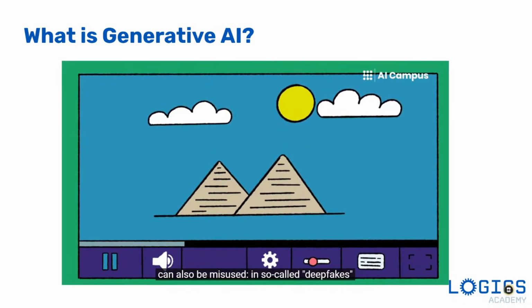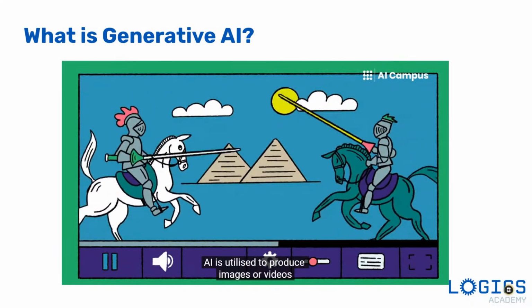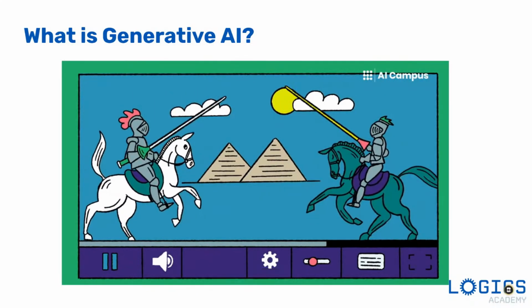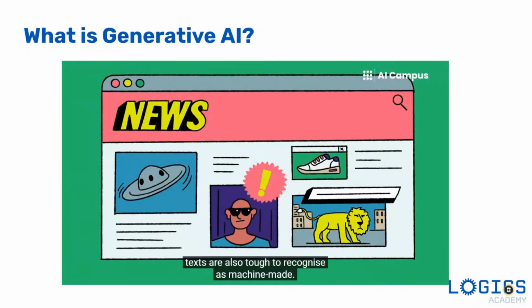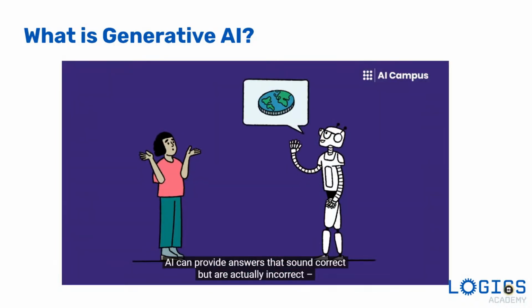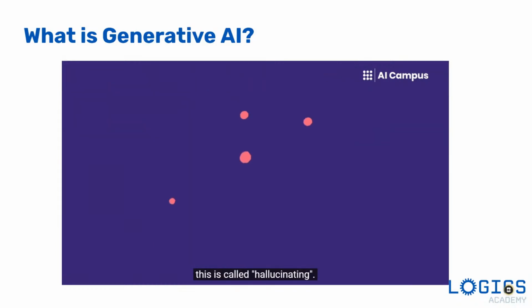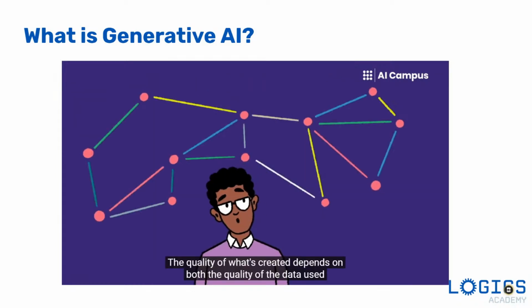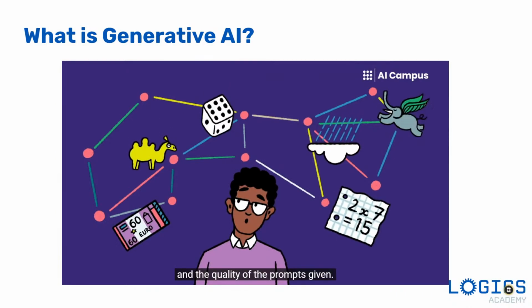In so-called deep fakes, AI is utilized to produce images or videos that seem real. AI-generated texts are also tough to recognize as machine-made. Moreover, the AI can provide answers that sound correct but are actually incorrect. This is called hallucinating. The quality of what's created depends on both the quality of the data used and the quality of the prompts given.